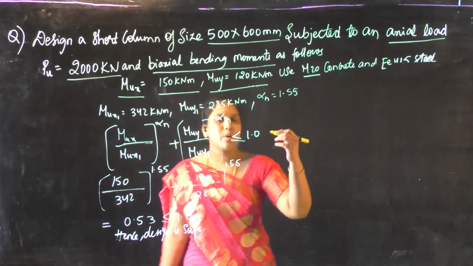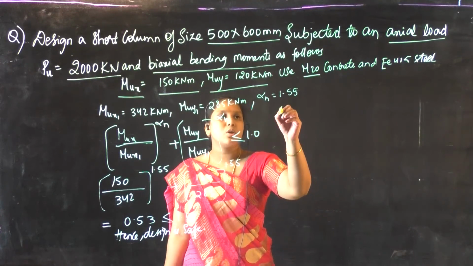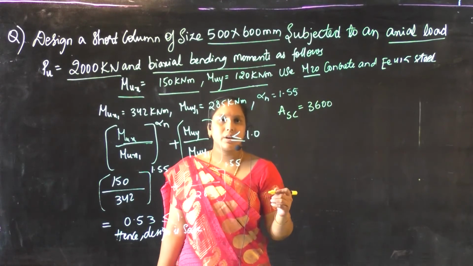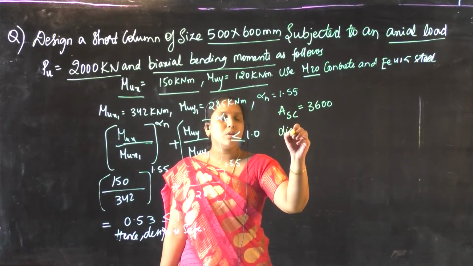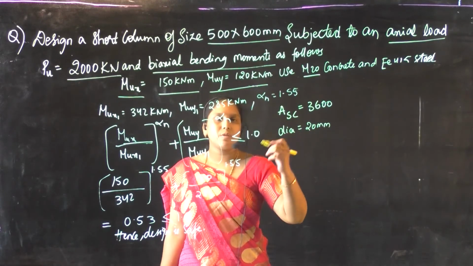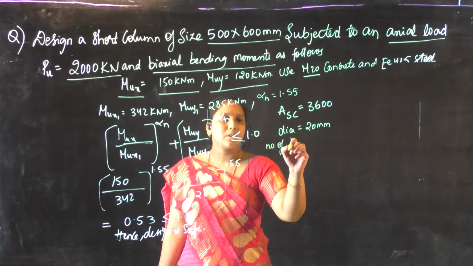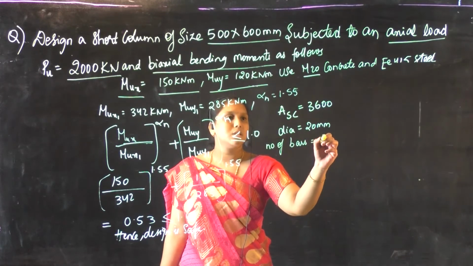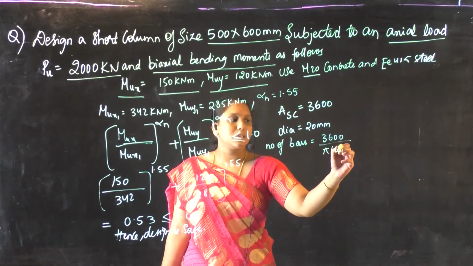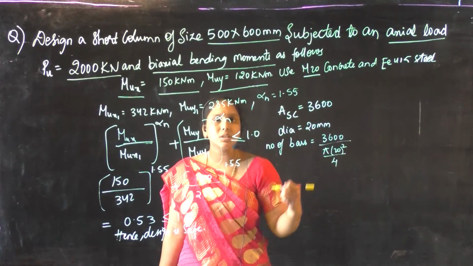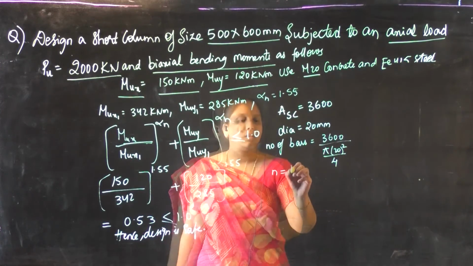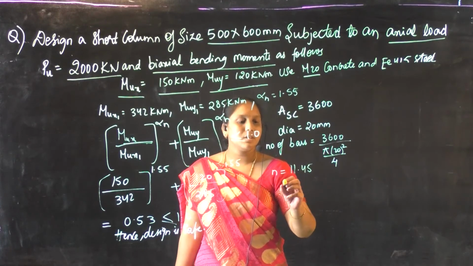So now we have to provide the reinforcement. We have already found Asc as 3600. The dia of the bar we have previously assumed as 20 mm. From this we have to find out the number of bars. So how can we calculate the number of bars? 3600 divided by area of one bar, which is pi d square by 4, and the diameter here is 20 mm. From this you will get the number of bars as 11.45 bars.